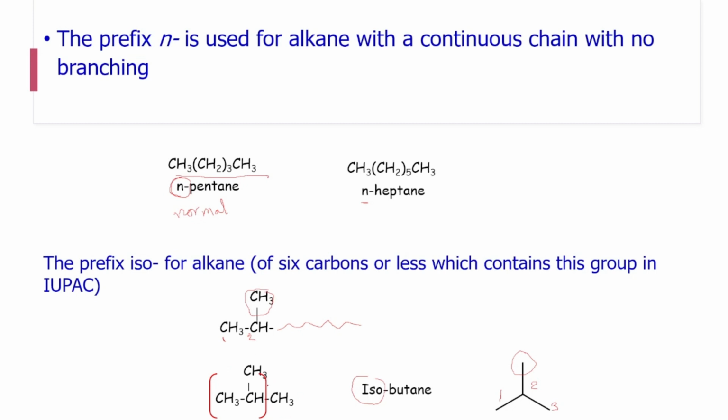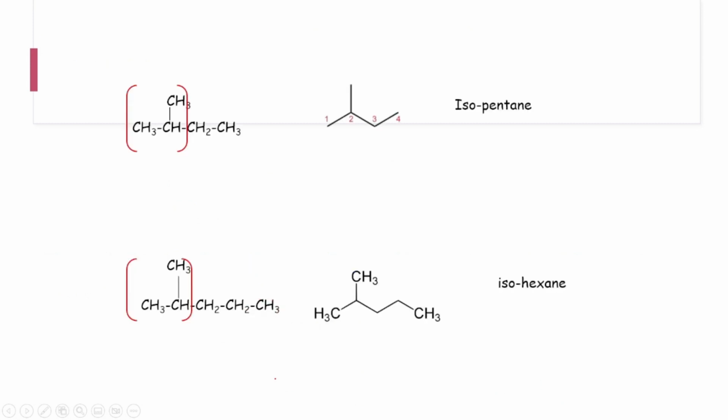So this is isobutane. What else are examples? Let's see pentane. If I have only pentane, this should be just a 1, 2, 3, 4, 5. This is N-pentane, in which all the carbons are in a straight chain.